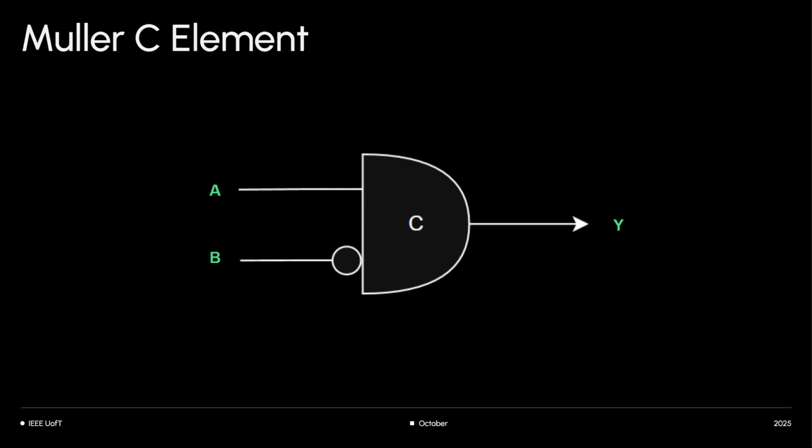So if A and B are mismatched, A's value goes through. If A is 0 and B is 1, 0 goes through. But if both of them are the same, A is 0 and B is 0, or A is 1 and B is 1, nothing goes through. The previous values are retained. So it's just a little bit of a tweak on the traditional behavior of a Mueller-C element. Okay.